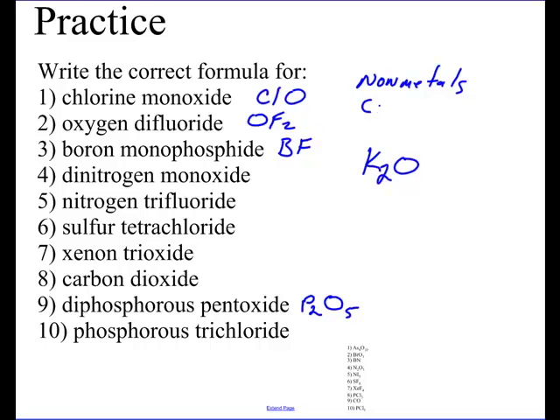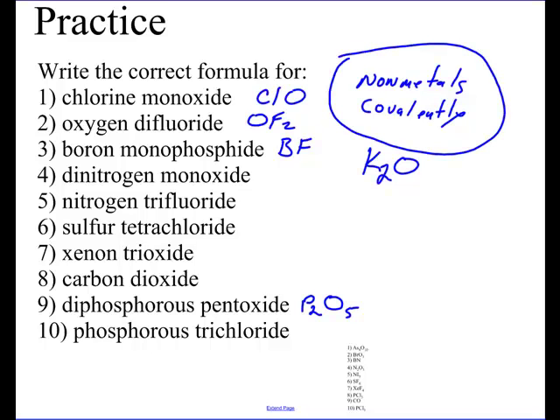Who bond covalently. Super important. Non-metals who bond covalently. Remember, if it's a metal and a non-metal, because potassium is a metal and it's a non-metal, that's an ionic bond. All right? Don't mix them up. Don't stick prefixes where they don't belong.